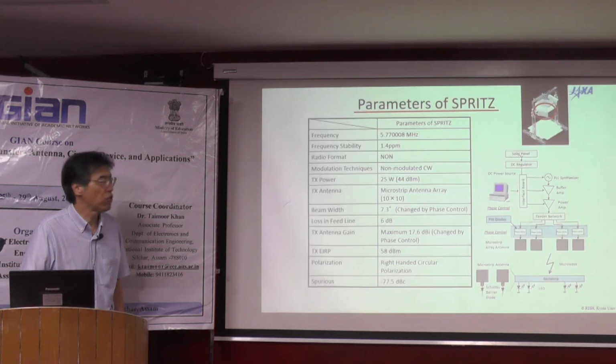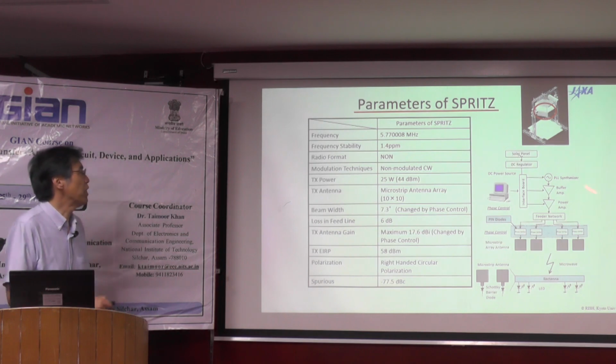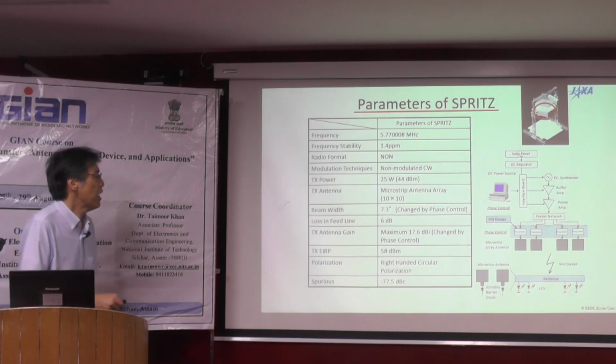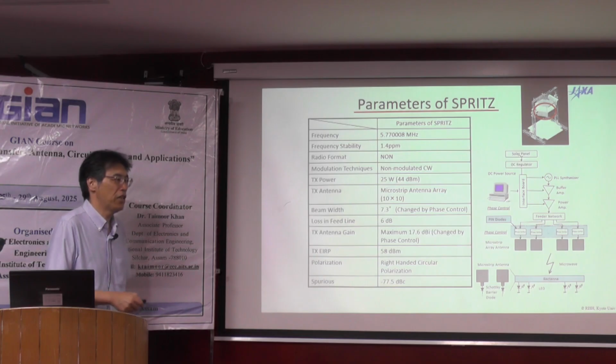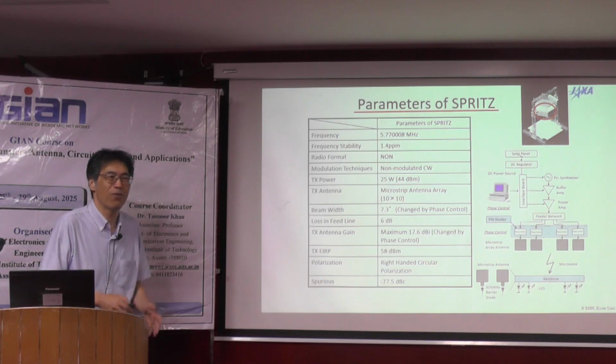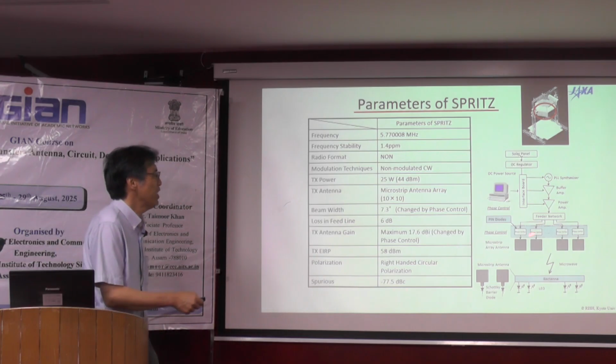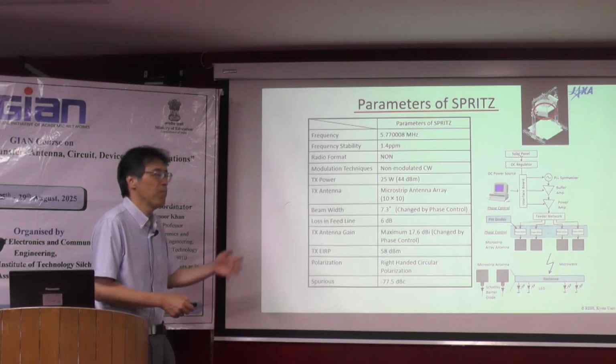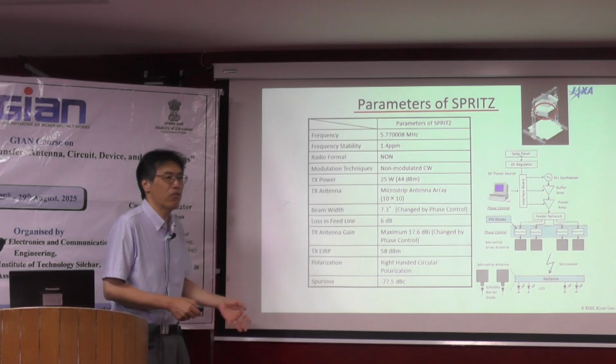And next, with help of the JAXA budget, we developed a SPS solar power satellite demonstrator, SPORTS. In this case, I said again, to reduce the cost, we adopted another phased array diagram.